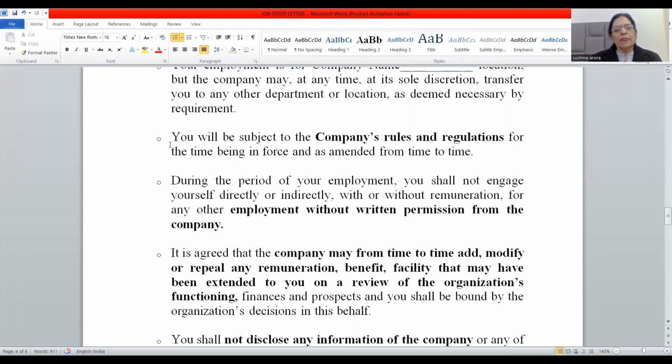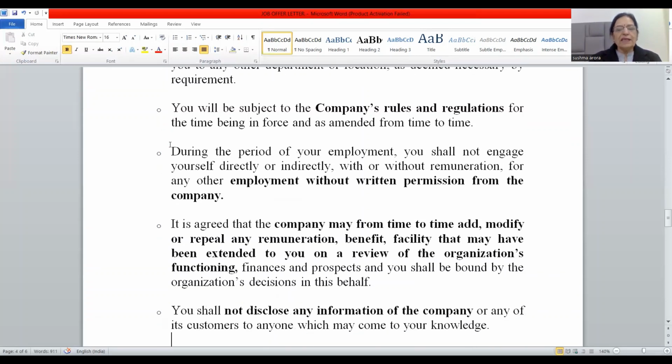So that is there, friends, that already the person has joined a certain company, then the company does not expect him to join any other company. So for that, he will have to seek the permission from his employer.